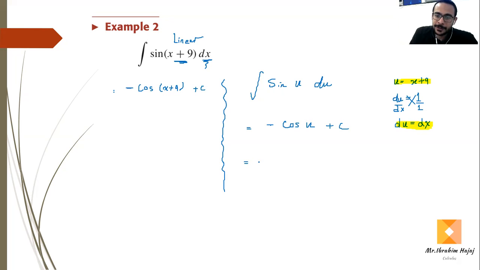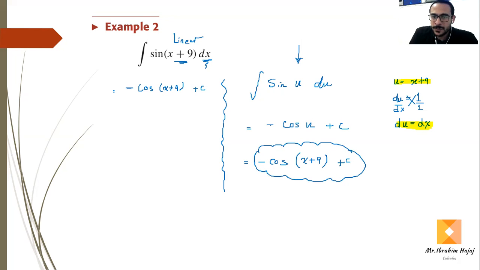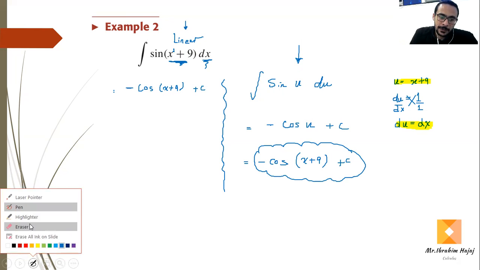And then we put the u again as we assumed at the beginning, which is x plus 9, plus c. Both answers are correct. So sometimes there is no need to use U substitution when the angle is only linear. If it's to the power of 2, to the power of 3, if it's x squared plus 9, you have to use u.